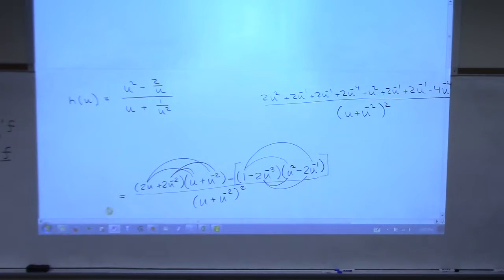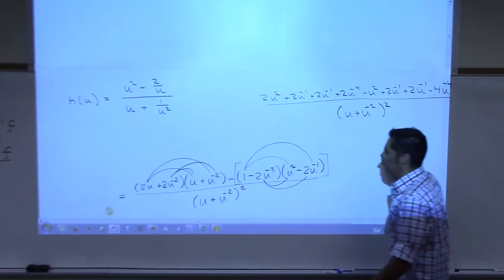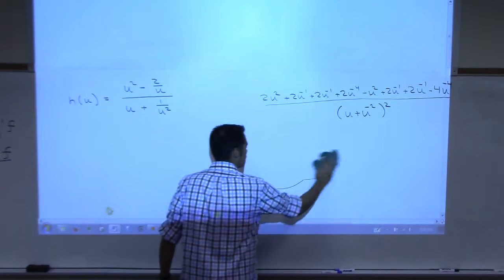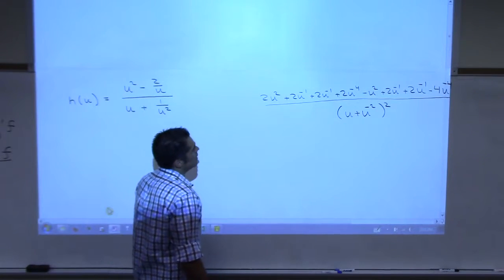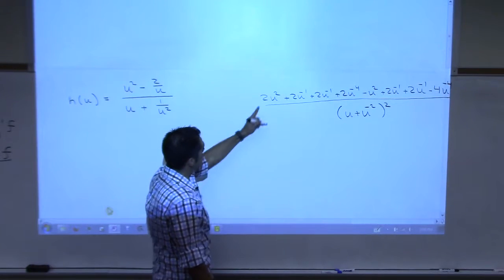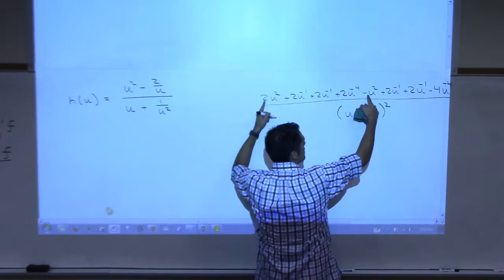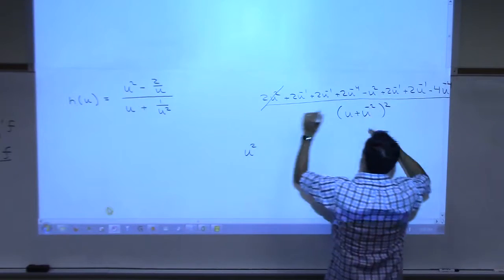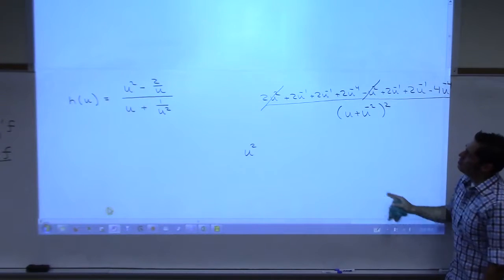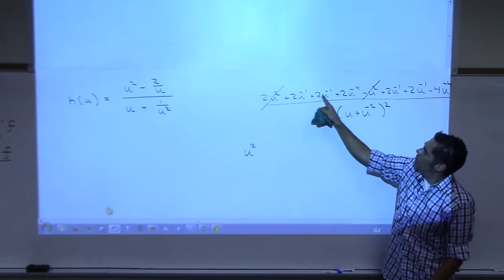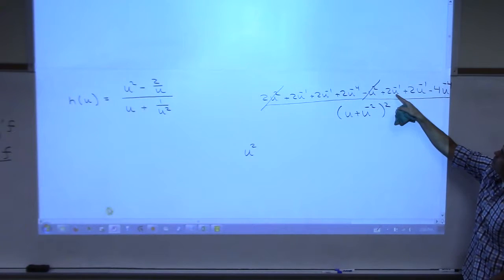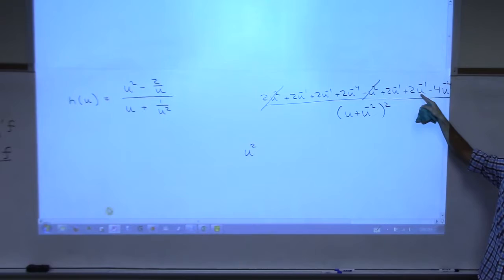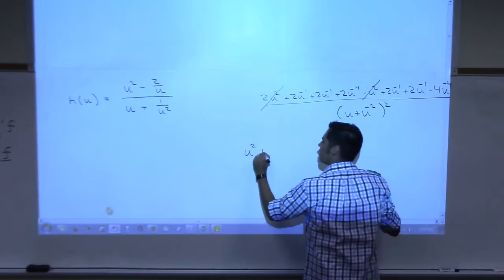Any like terms up top? Yeah, lots of them, right? Any of them go away? It'd be real nice if it went away. Some of it, but let's see. How about u squareds? There's 2 of them, and I take away 1 of them. So I should just have 1 u squared left. How about u to the negative 1s? 4 of them? 6 of them? 8 of them? 8 u to the negative 1s.